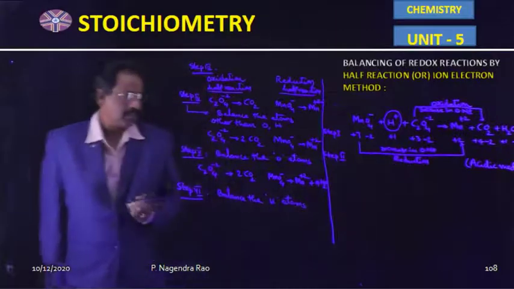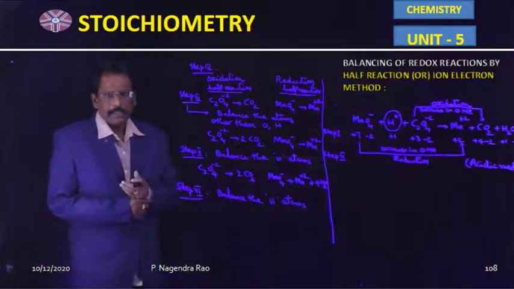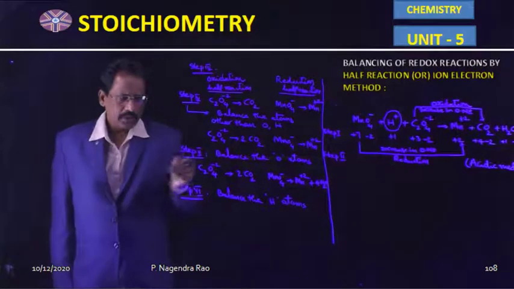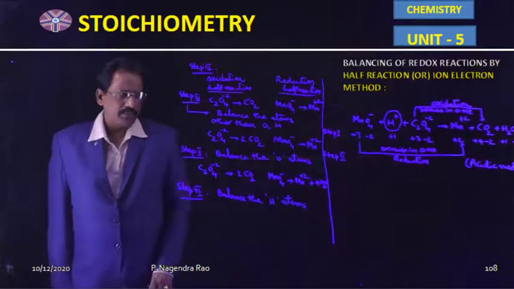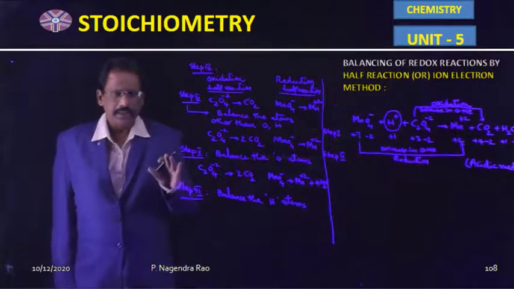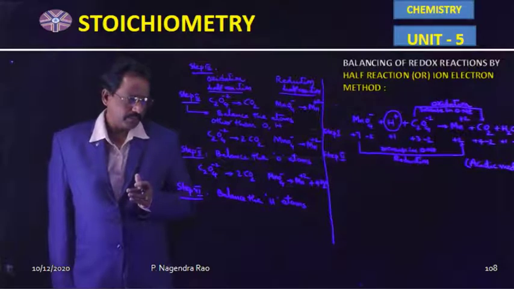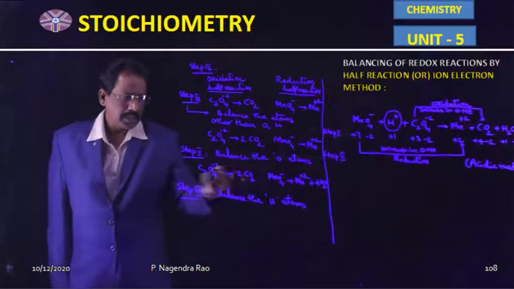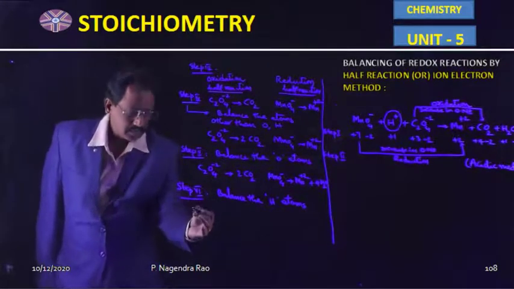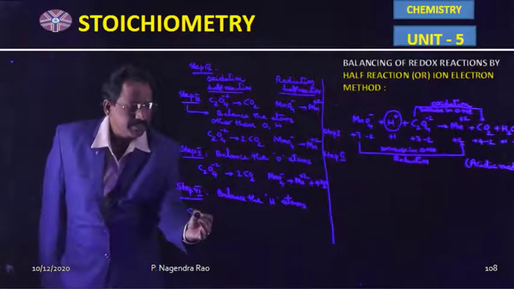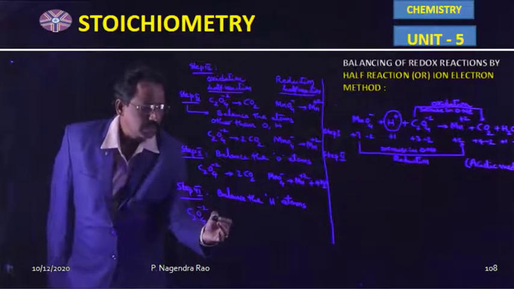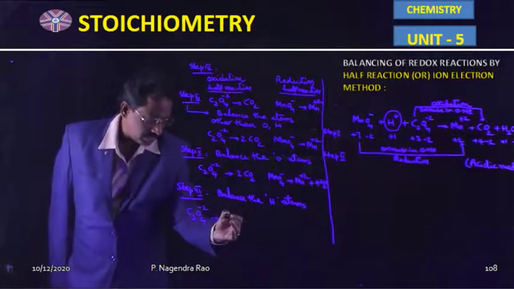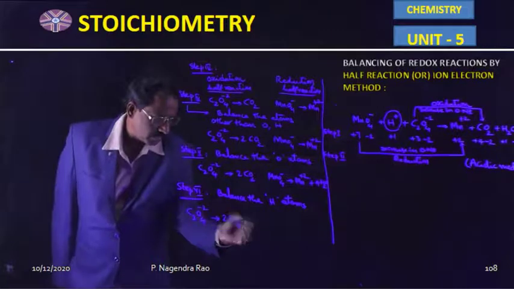If the reaction takes place in acidic medium, to balance the hydrogen atoms, add the required number of H plus ions on the deficient side. Here there are no hydrogens, so copy the same equation. C2O4 minus 2 is oxidized to 2CO2.